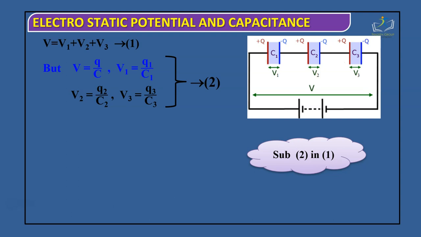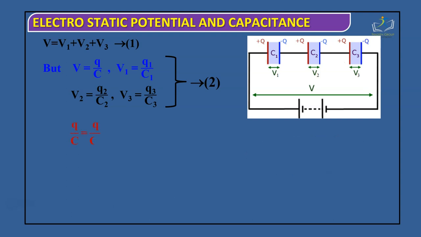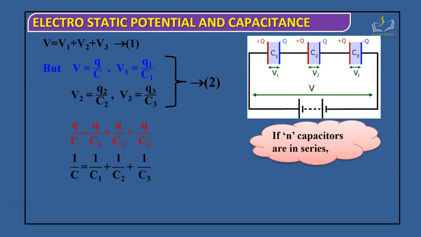Substituting the value of equation 2 in equation 1, we get Q by C is equal to Q by C1 plus Q by C2 plus Q by C3. Hence, if we take Q common, we can cancel it and get the result: 1 by C is equal to 1 by C1 plus 1 by C2 plus 1 by C3.